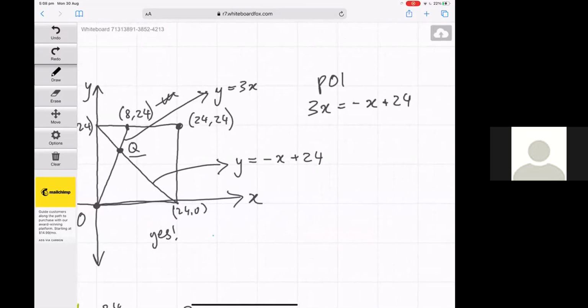Then we get x equals 6. Plug that back in, y is equal to 3 times 6, which is 18. So Q has coordinates (6, 18). That's really nice because now we know our height is 18, and that's all we needed for the area.